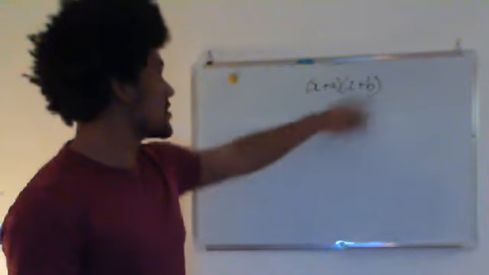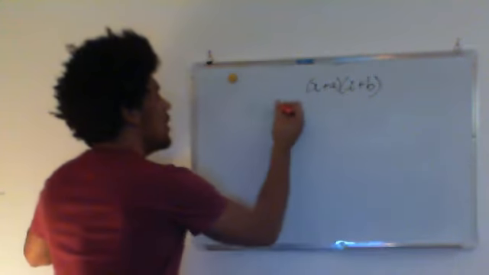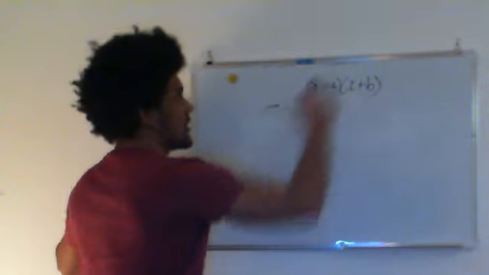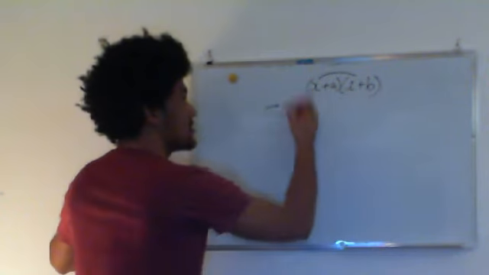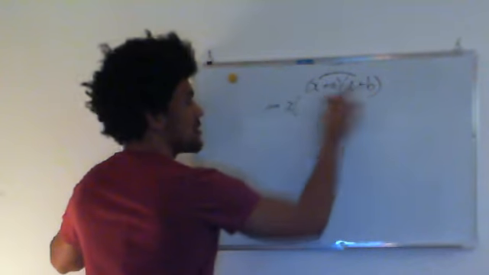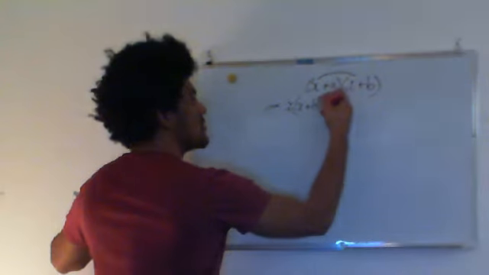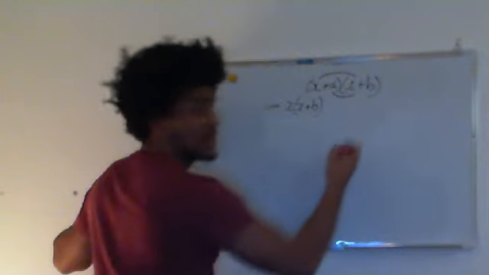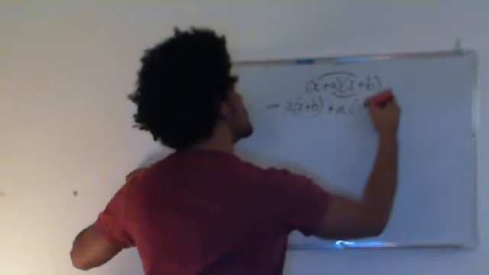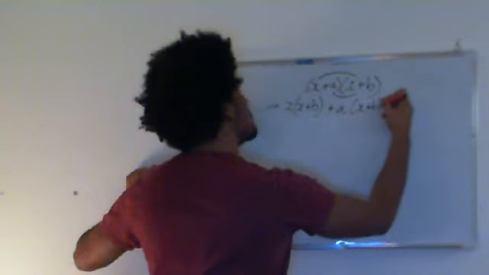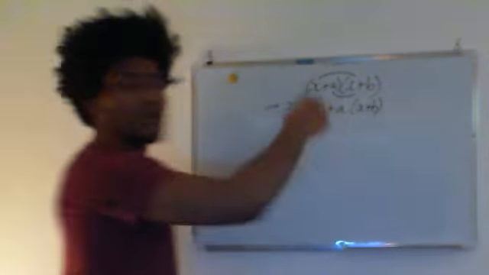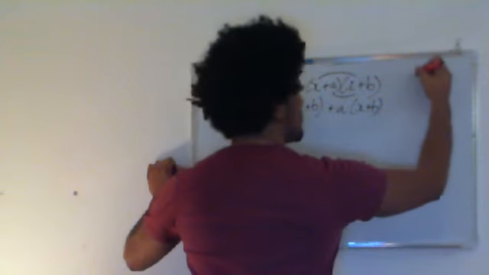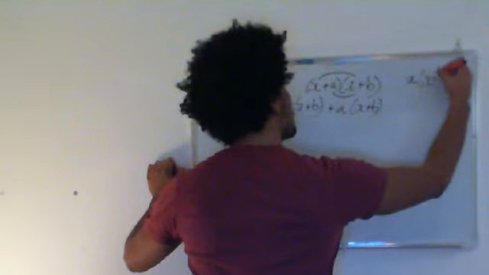We have to expand out this multiplication here. How I tell people to do it is, you multiply x by that entire bracket, and then you multiply a by that entire bracket, then we have two terms in the form of a times x plus b.